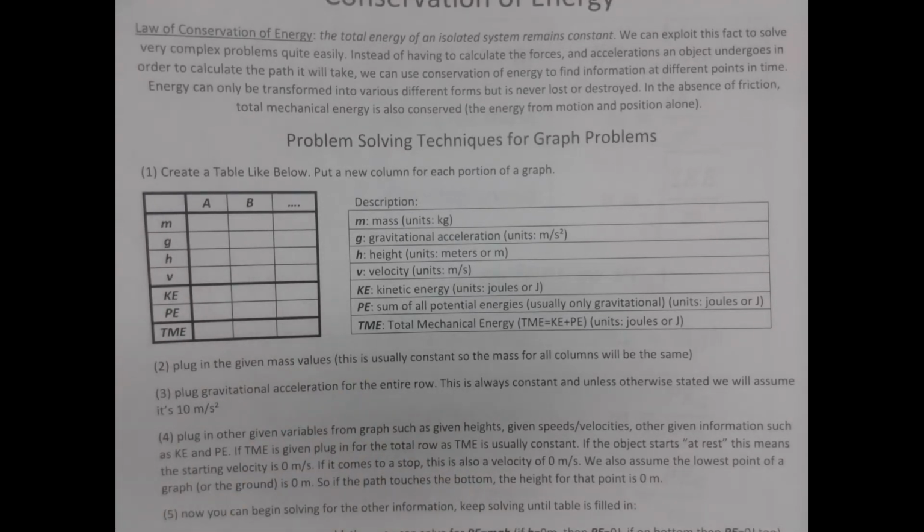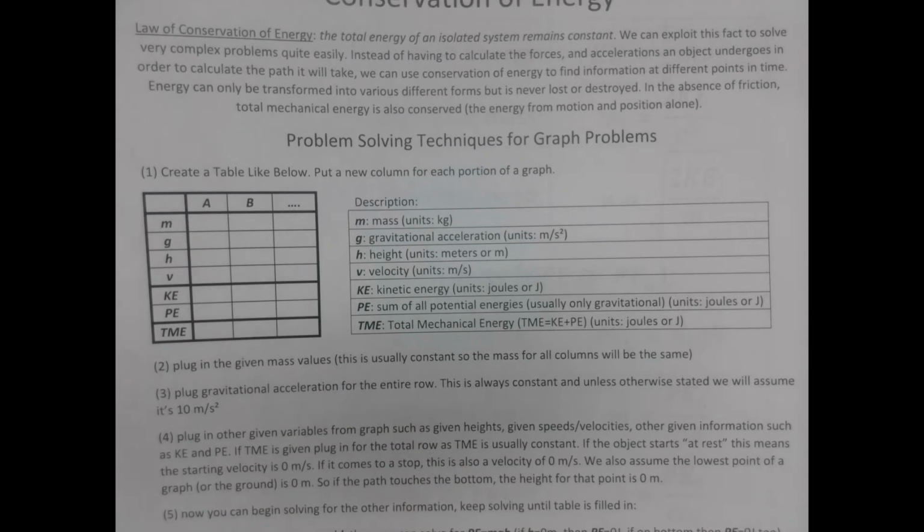It's the gravitational acceleration, or acceleration due to gravity. H stands for height. V is for velocity. KE is for kinetic energy. PE is potential energy. It's the sum of all potential energies. However, it usually only includes gravitational. And TME is total mechanical energy, the sum of kinetic and potential energies.